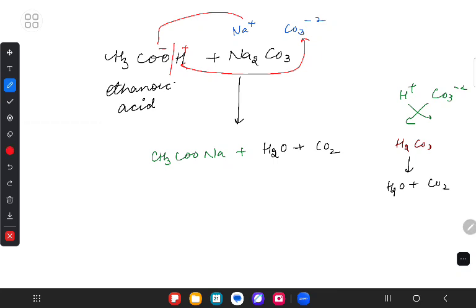Got the point? So, we're going to have CH3COONa, and that's the part. Are we understanding? So, CO2 gas comes out here with a lot of bubbling.